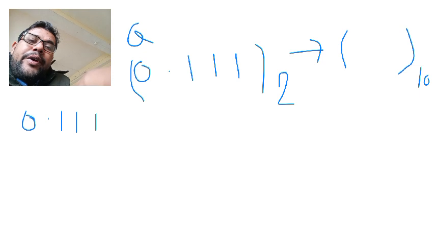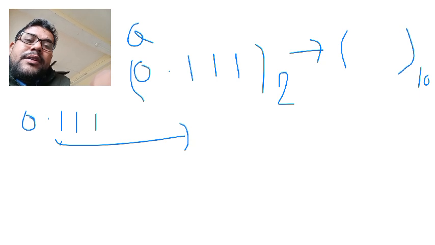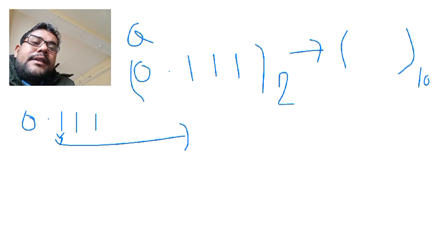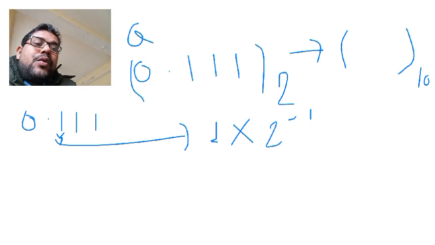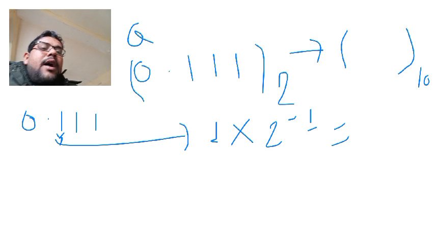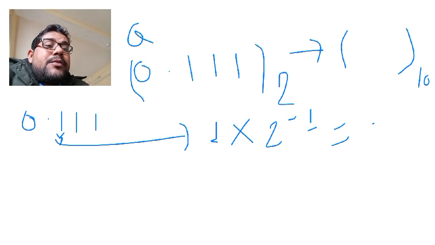After the decimal point, we take the first number from the left, 1, multiplied by 2 to the power minus 1. 2 to the power minus 1 is half, 0.5, multiplied by 1, so this must be equal to 0.5.